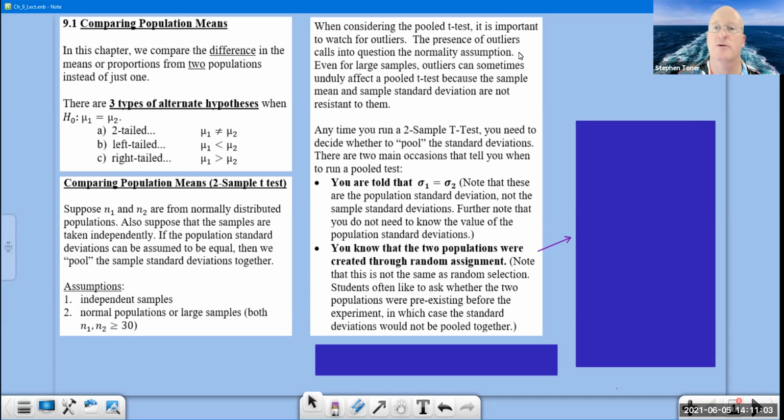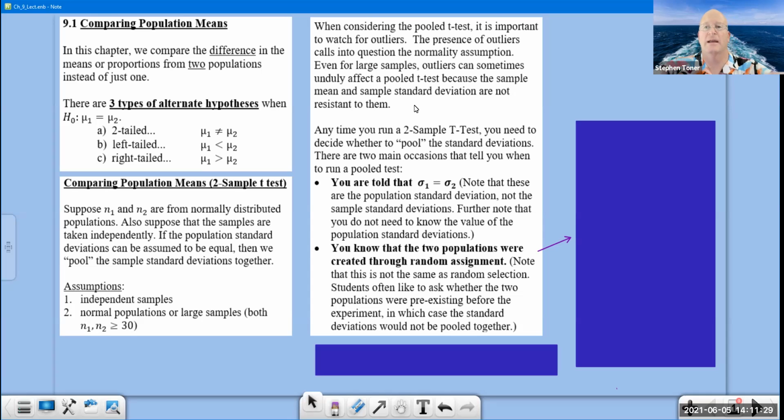Remember that anytime you're doing something involving t with smaller sample sizes, you need to test for normality. Even for large samples, outliers can sometimes unduly affect a pooled t-test because the sample standard deviations and means are not resistant to them.